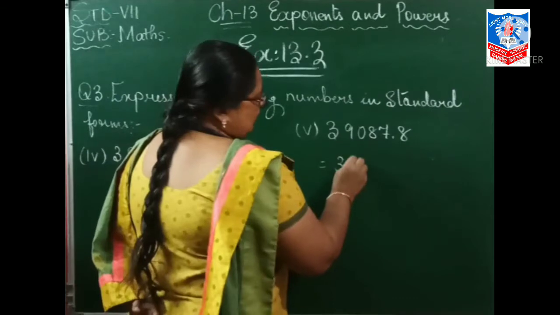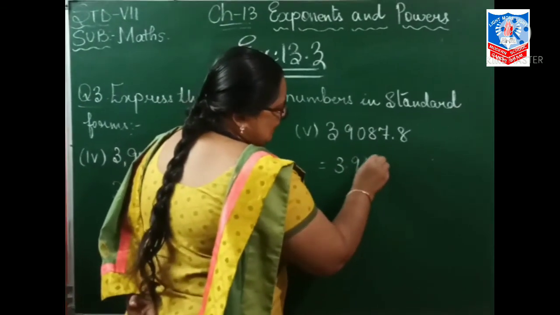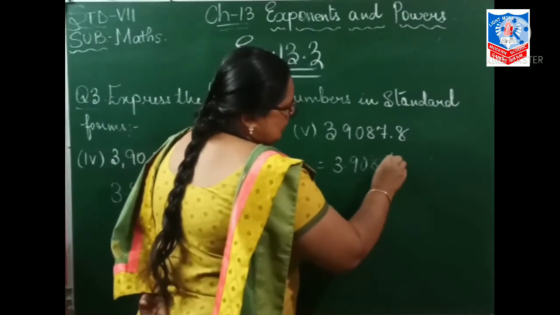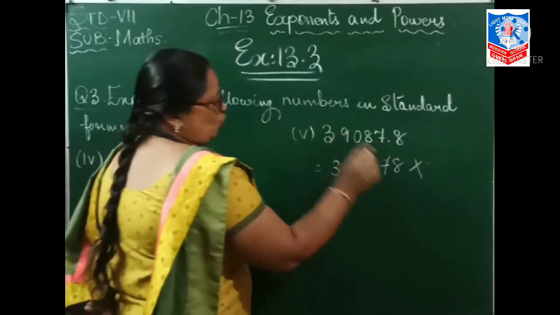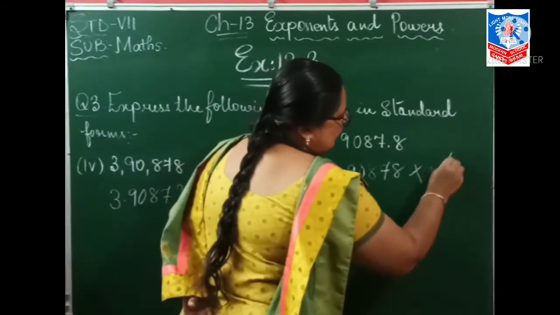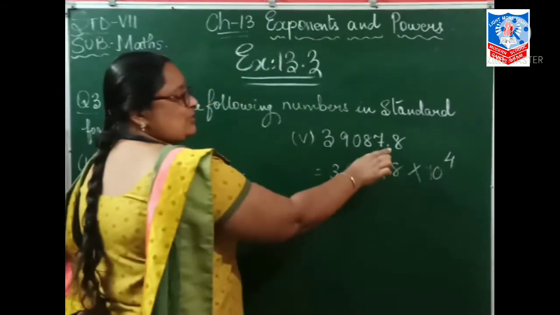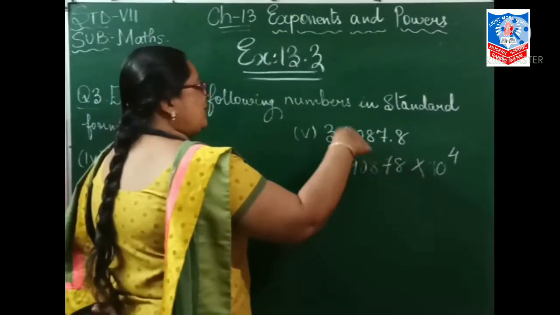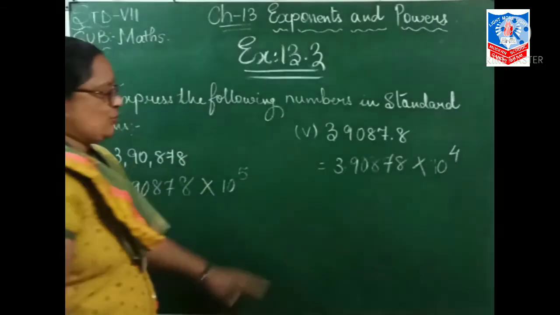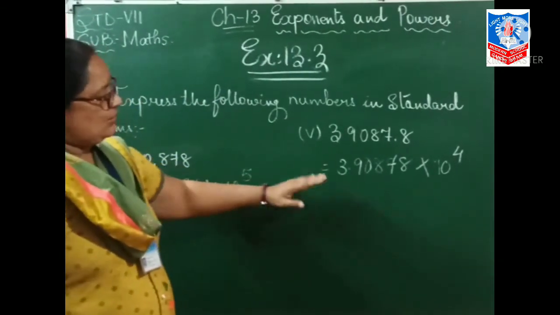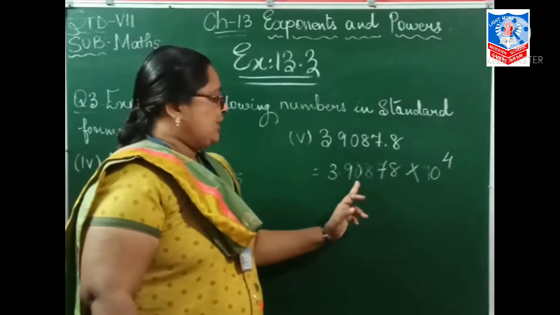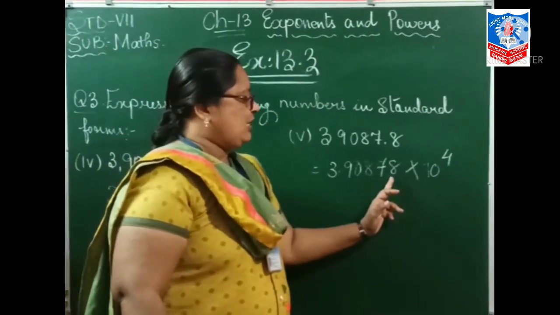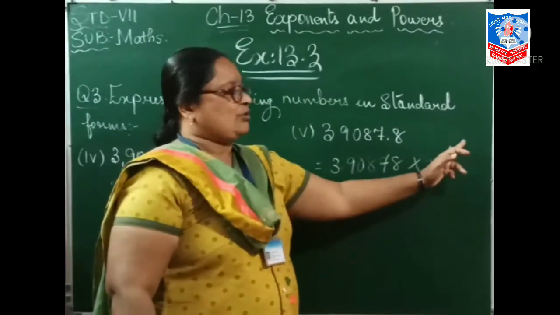So we will multiply this with only 10 raised to the power 4. Why? Because this digit is already after the decimal point. So now the standard form of this number is 3.90878 into 10 raised to the power 4.